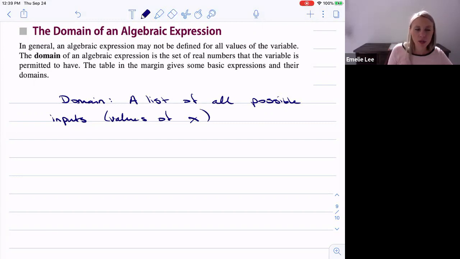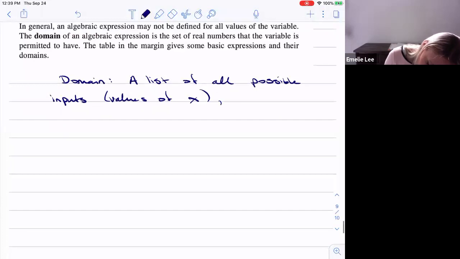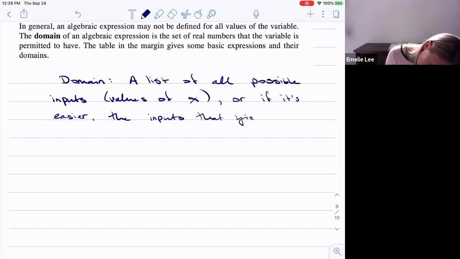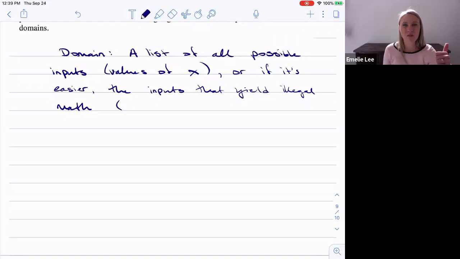And so it's a list of all the possible inputs, or if it's easier, the inputs that yield illegal math. For now, illegal math is dividing by 0 and taking the square root of a negative number, or even the even root of a negative number, but we're going to focus on the square root.